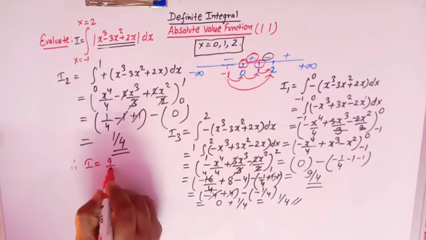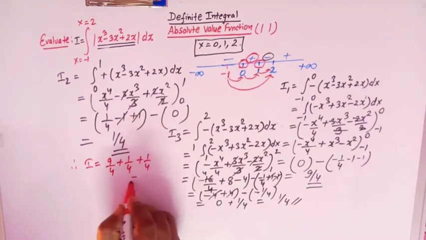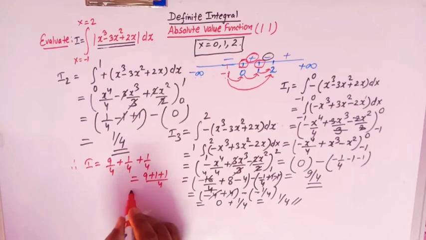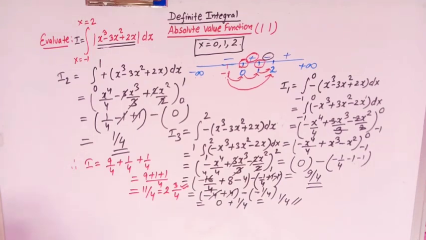So we have 9 over 4 plus 1 over 4 plus 1 over 4, and this is 9 plus 1 plus 1 over 4, that is 11 over 4, which can also be written as 2 and 3 over 4, right? So this is the mixed fraction, right? So viewers, this is how we solve this interesting problem.